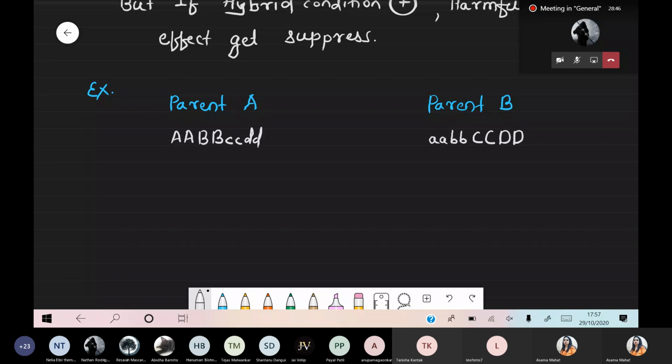So we have to represent what kind of gene represents which condition. If we consider the dominant genes together, these dominant genes are responsible for high protein content, which is the product of the A gene and the B gene, because A and B are present in dominant condition.